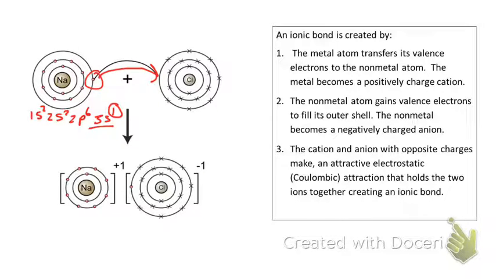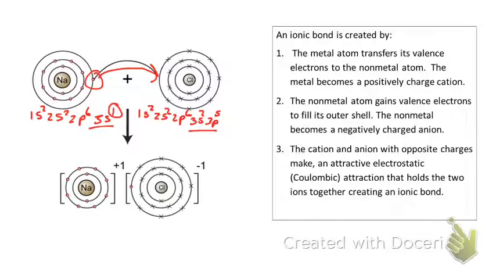Now let's look at the chlorine. It has an electron configuration of 1s2, 2s2, 2p6, 3s2, and 3p5. So chlorine's outer electron shell is also the third energy shell.